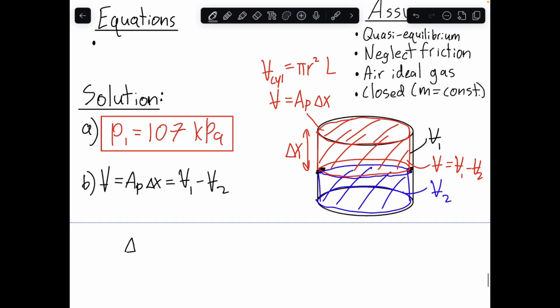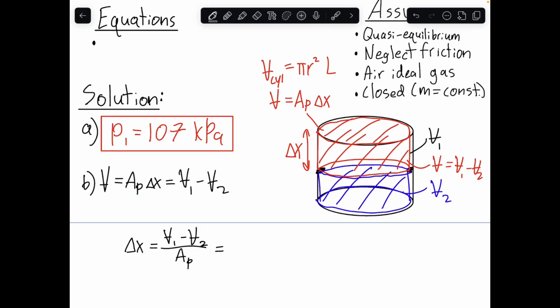And so just rearranging for delta x, we'll just get volume 1 minus the volume at state 2, all divided by the area of the piston, just moving that over to the other side.